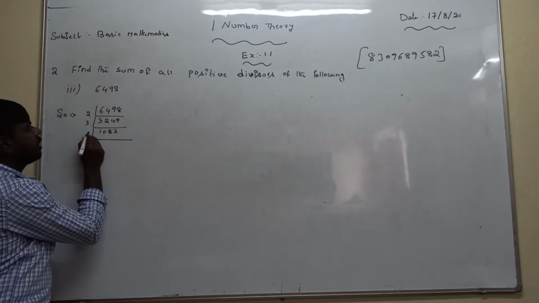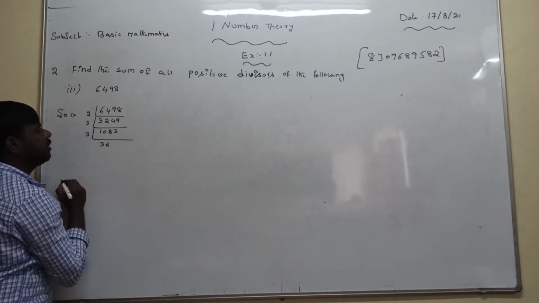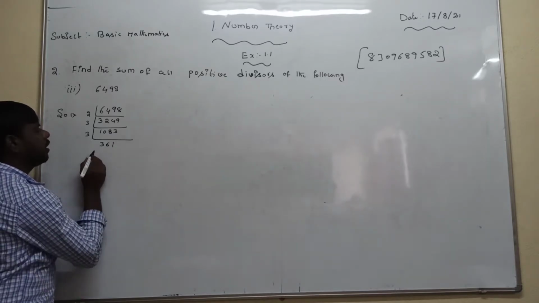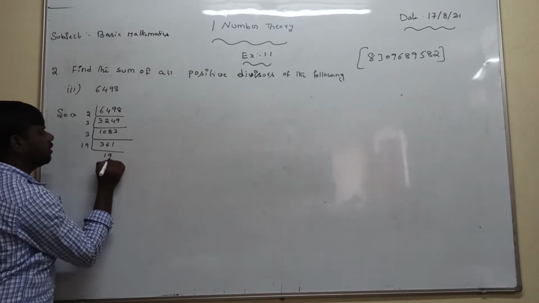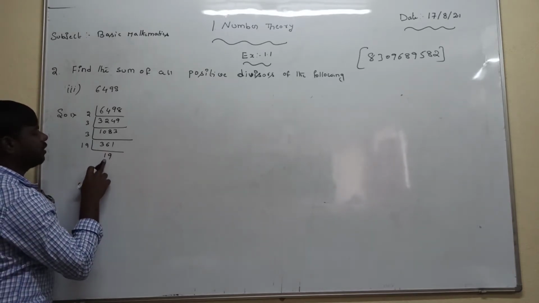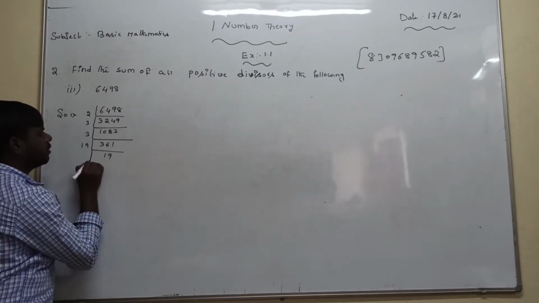Next here 3 we can take, 3 3s are 9, 3 6s are 18, 3 1s are 3. Next is 19. So 19 1s are 19. So remaining 99, 172.